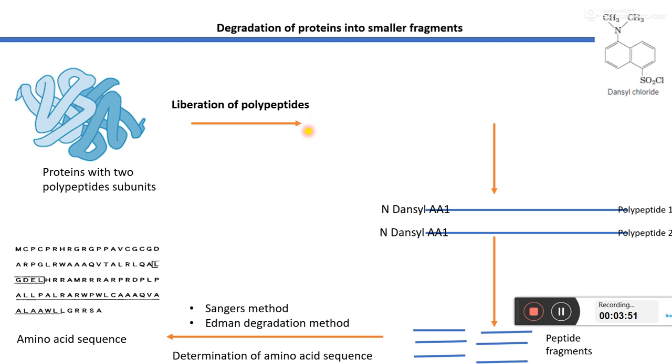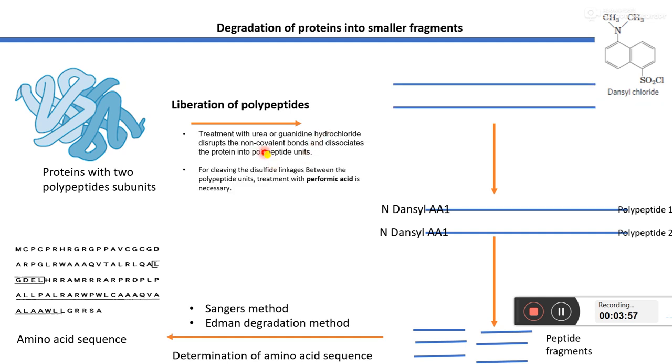Liberation of polypeptides is generally done by treatment with urea and guanidinium hydrochloride, which disrupt the non-covalent bonds, that is hydrogen bonds, hydrophobic interactions, etc., and cause dissociation into polypeptide units.